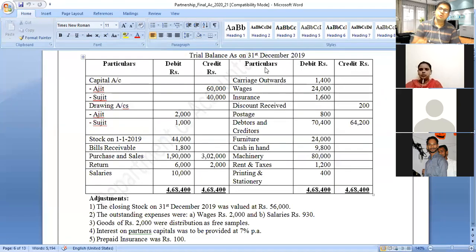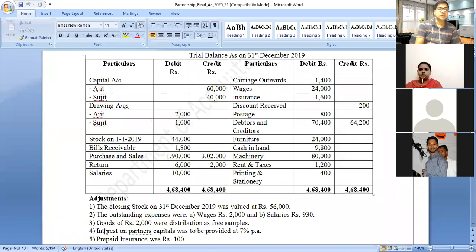Therefore, we have to show loss on distribution of the free sample in profit and loss account debit side 2000. Why is it a debit? Because distribution is a loss.